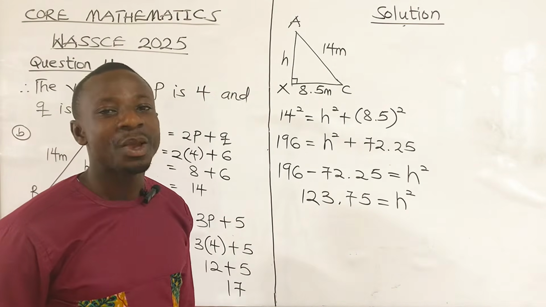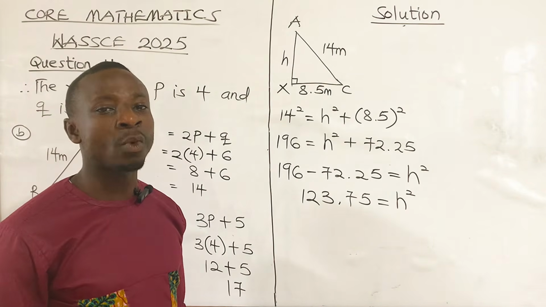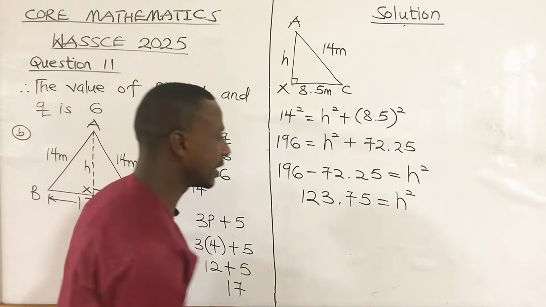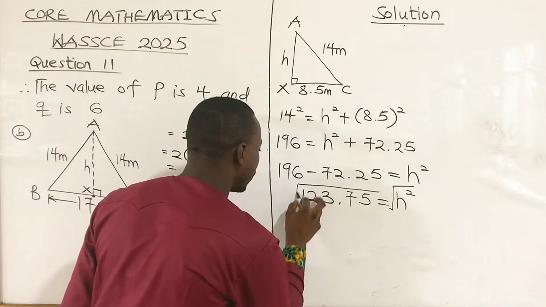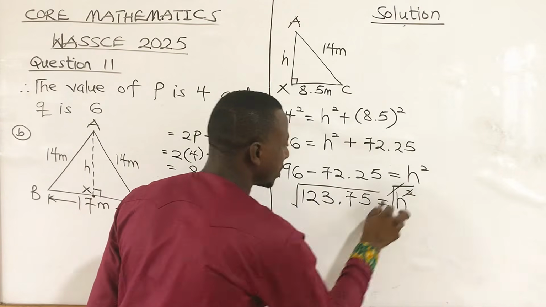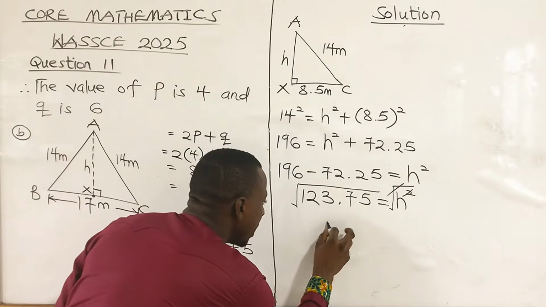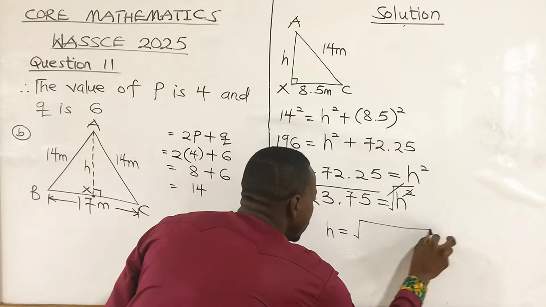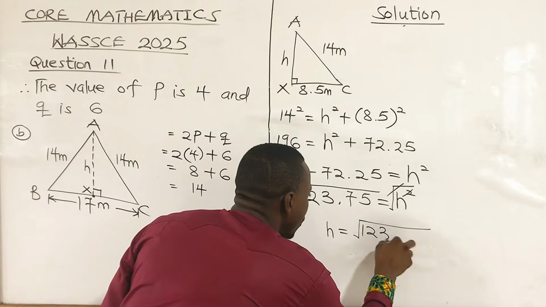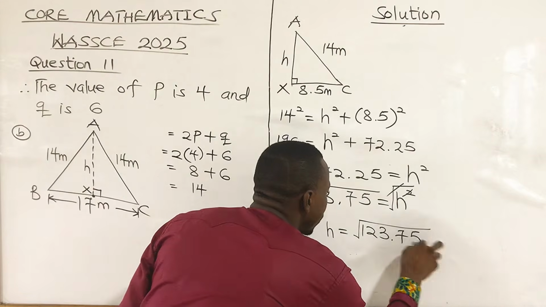And from here, we are going to take the square root on both sides. So square root of this and the square root of this. This will cancel the square root, and we have h to be equal to the square root of 123.75.